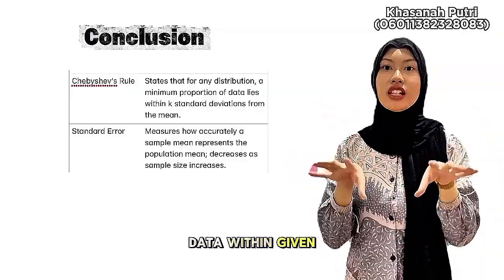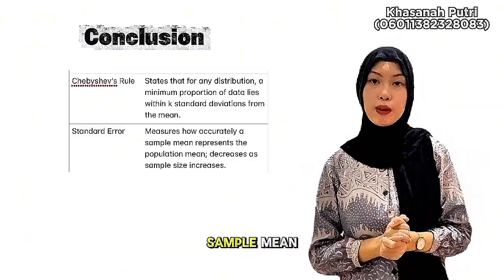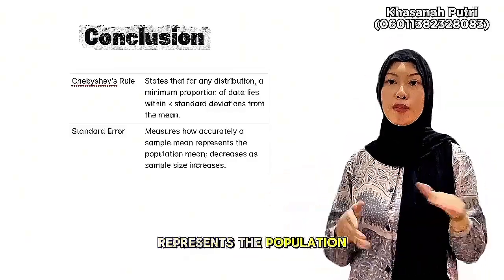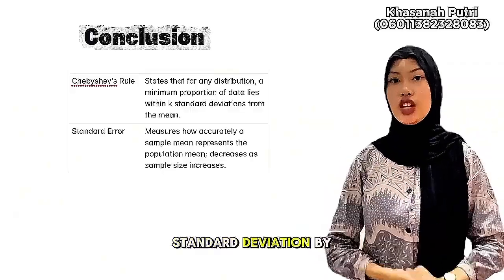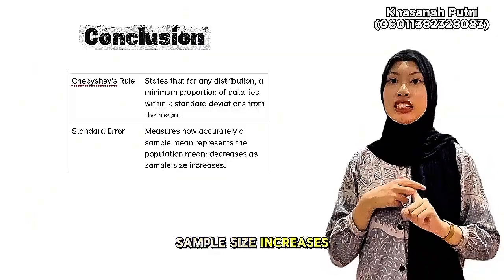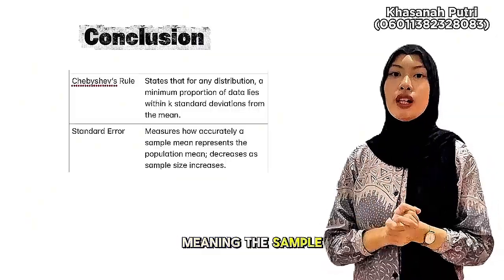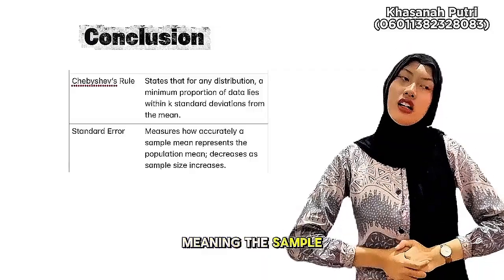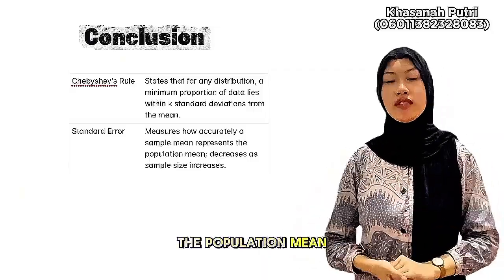Standard error measures how accurately a sample mean represents the population mean, and it is calculated by dividing the sample standard deviation by the square root of the sample size. As the sample size increases, the standard error decreases, meaning the sample mean becomes a better estimate of the population mean.